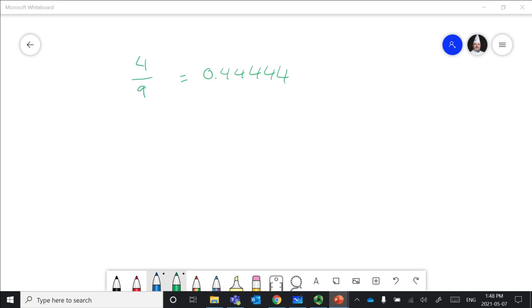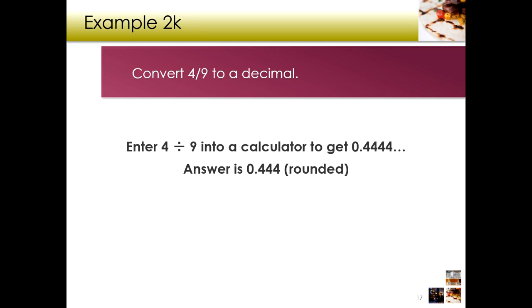So in the case that we have a repeating number, we're going to round, and let's say we round to 3 decimal places in this one. 1, 2, 3. Is that 4 going up or down? It's not going anywhere because that 4 isn't above a 5, right? So we get 0.444.